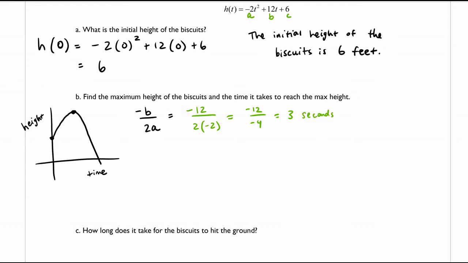Now what we want to do is take that value and plug it into our function. So then we would have negative 2 times 3 squared plus 12 times 3 plus 6.